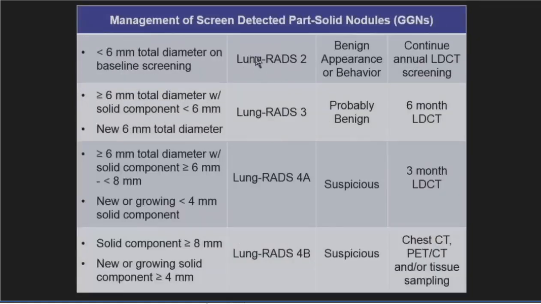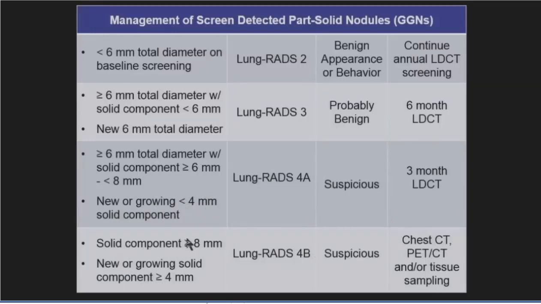Part solid nodules are also managed according to their size, as well as the size of the solid component. So if the solid component is equal or greater than 6 millimeters, that's when we're going to start calling them suspicious. Or if there is a solid component that's new or growing, measuring less than 4 millimeters, we again call them suspicious and follow them in 3 months.